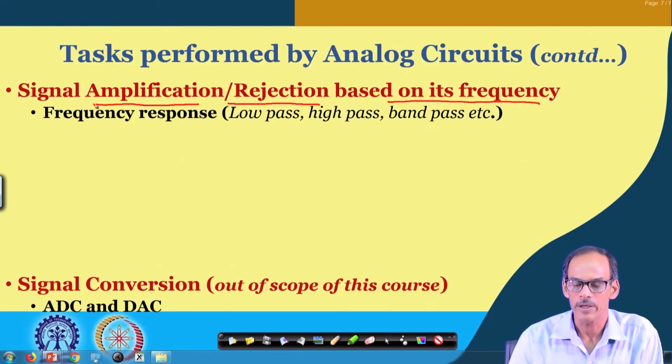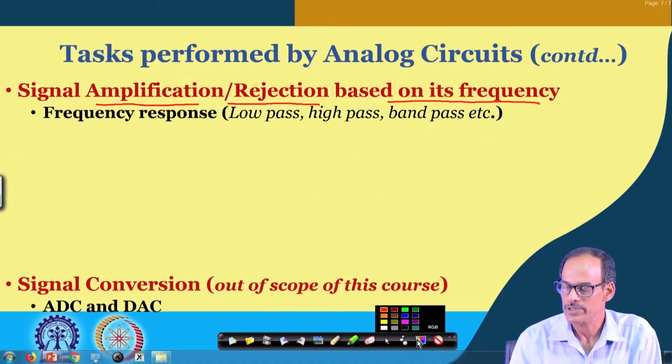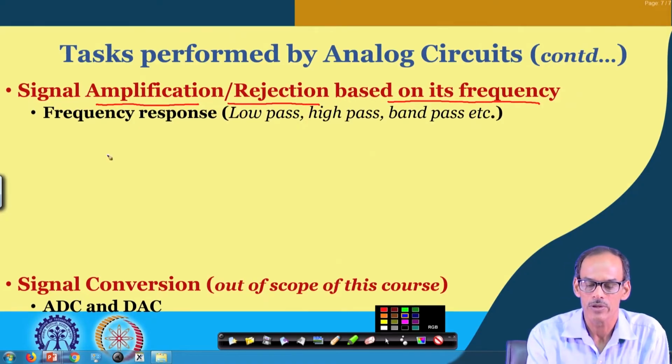The circuit gain may be much higher than 1 at some frequencies, while for signals at other frequencies the corresponding gain may be lower.